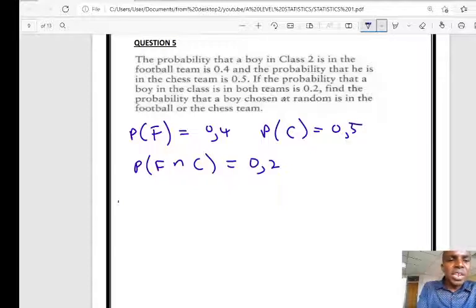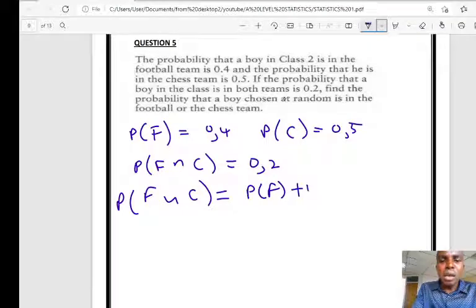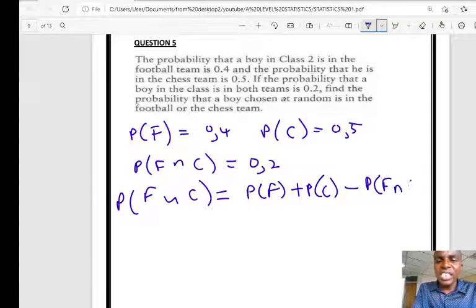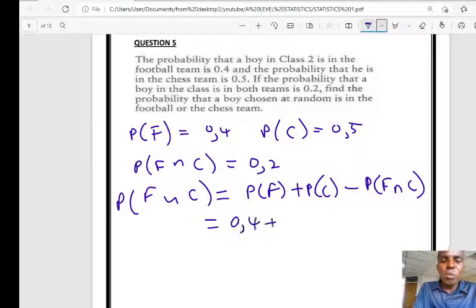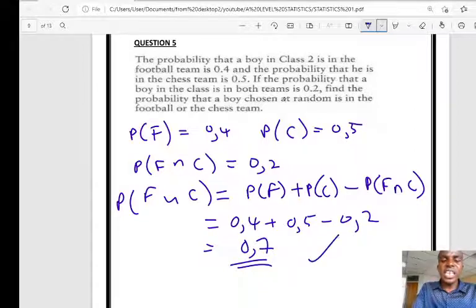Then find probability of F union C. That is, O means union. You can say probability of F, using the law on combined events, plus probability of C minus probability of F intersection C, which is equal to 0.4 plus 0.5 minus 0.2. 0.4 plus 0.5 is 0.9, minus 0.2 is 0.7. Then we can say done.